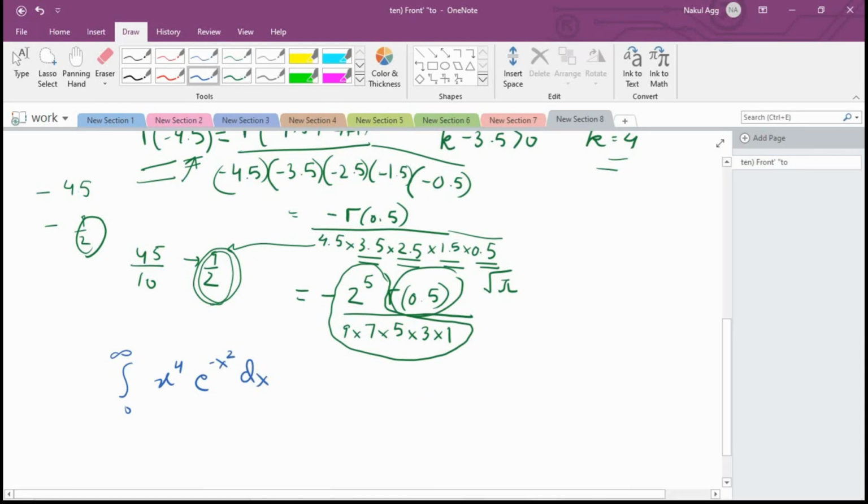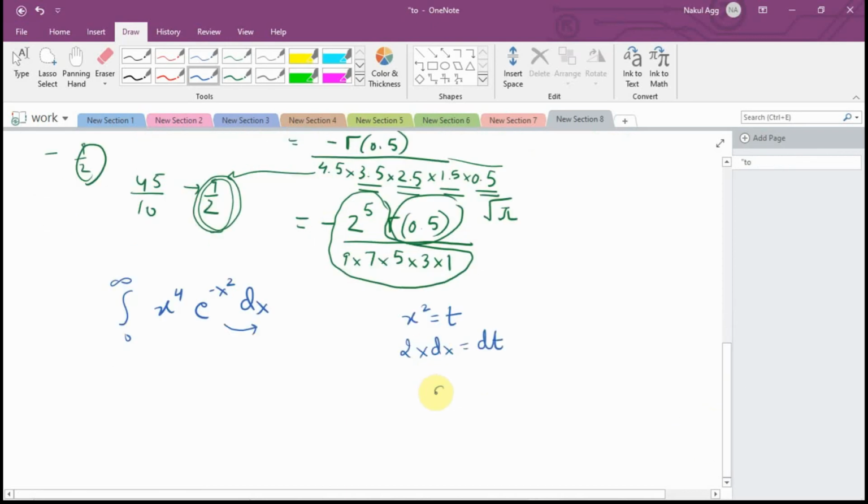So this gives a hint. If we have to convert this into the gamma function form, we have to substitute x square is equal to t, which gives 2x dx is equal to dt. So one can write dx is equal to dt by 2x, which we will write dt by 2 root t.